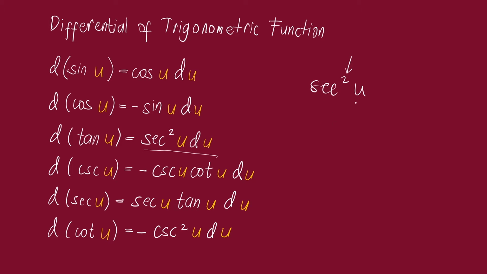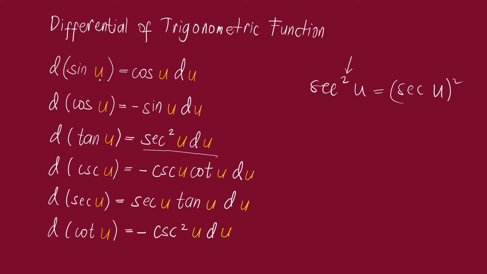So this is actually equal to secant u raised to 2. If the exponent is written just after the secant, that means that the whole function is being raised to the power of 2.